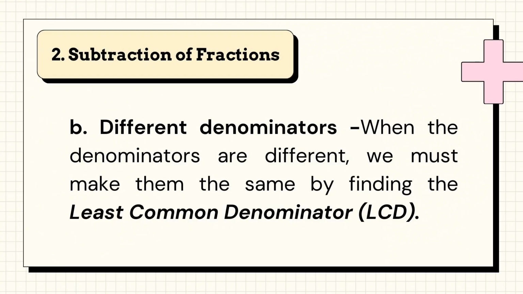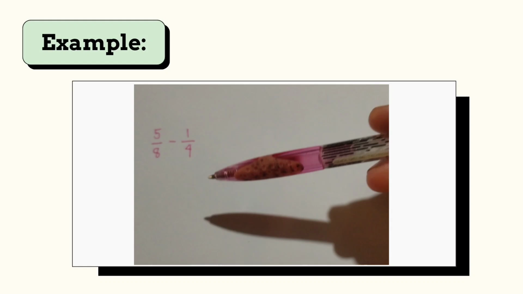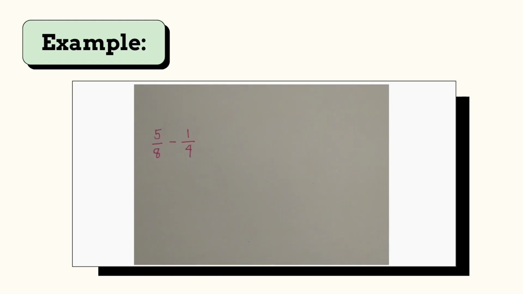Second case is if they have different denominators. Same with addition, we should find the LCD first, convert, and then we proceed with subtraction. So let us take a look at this example. We have 5 over 8 minus 1 over 4. As you can see, they don't have the same denominator, so we can't proceed with subtraction yet.